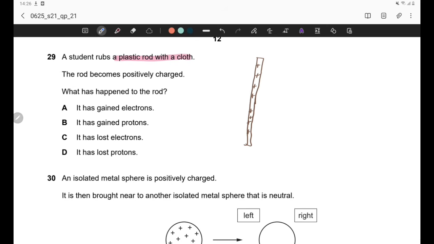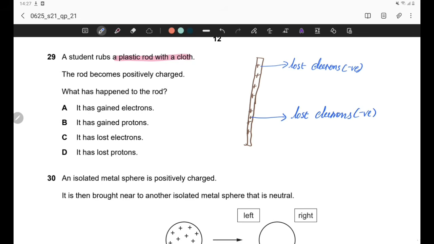As this rod has become positively charged, it must have lost some electrons, or negatively charged particles. Because of this loss of electrons from the rod, definitely the rod will become positively charged. So this is what happens. Any object which becomes positively charged has lost some negatively charged electrons.